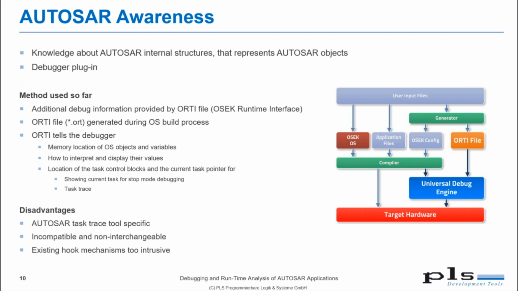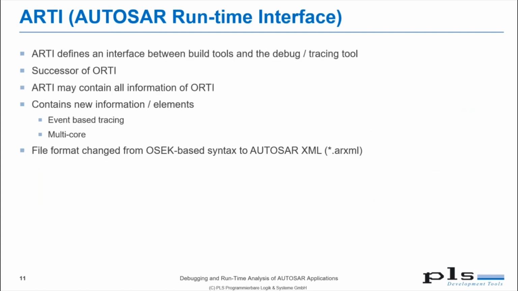For example, changing or switching from one task to the other. However, the hooks that are already present in OSEK-based systems and also implemented in the AUTOSAR operating systems were too intrusive, and there was a wish to replace them with less intrusive ones and more standardized ones.